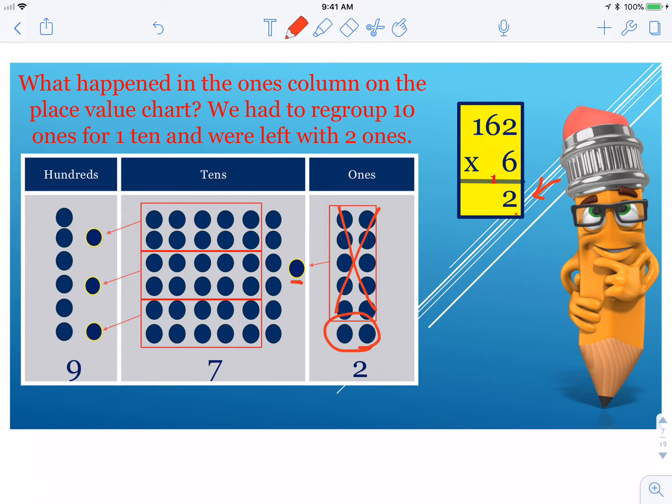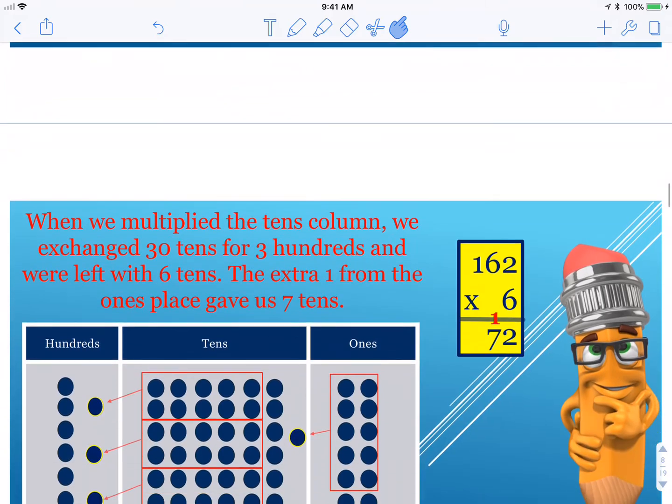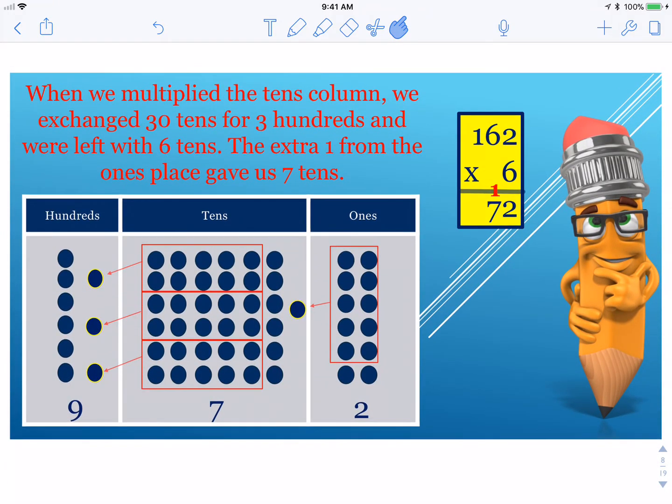Okay? So then, let's look at our tens column. When we multiplied the tens column, we exchanged 30 tens for 300s, and we're left with 6 tens. The extra 1 from the ones place gave us 7 tens.